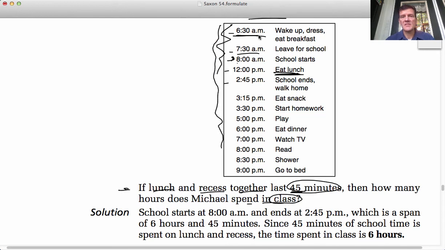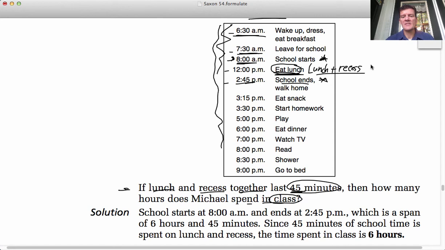So he wakes up at 6:30, leaves for school at 7:30, and gets to school at 8. This is where we're starting this problem. Notice that school ends at 2:45. He's eating lunch starting at that time, but this would be your lunch and your recess.